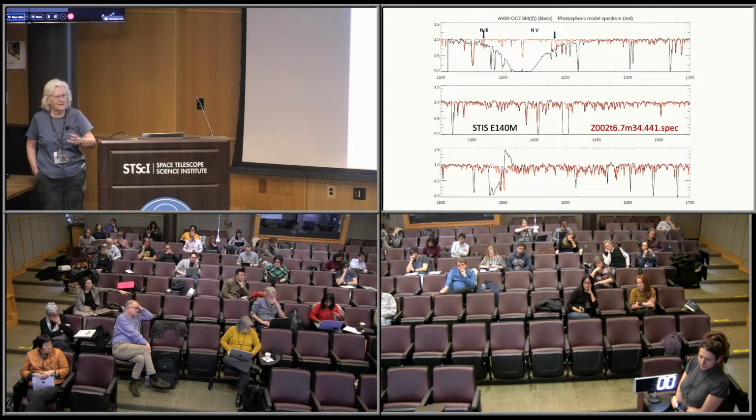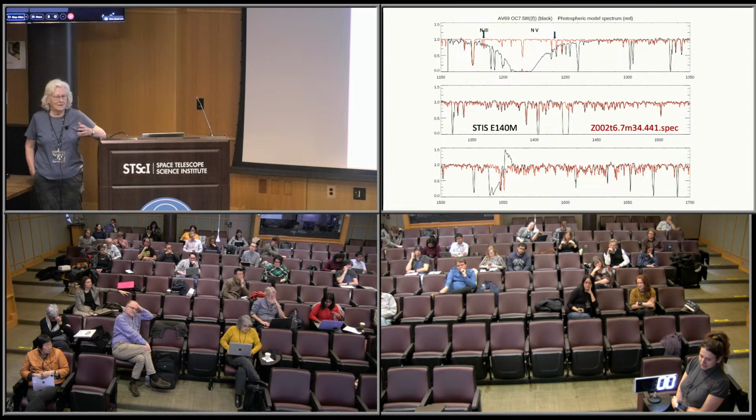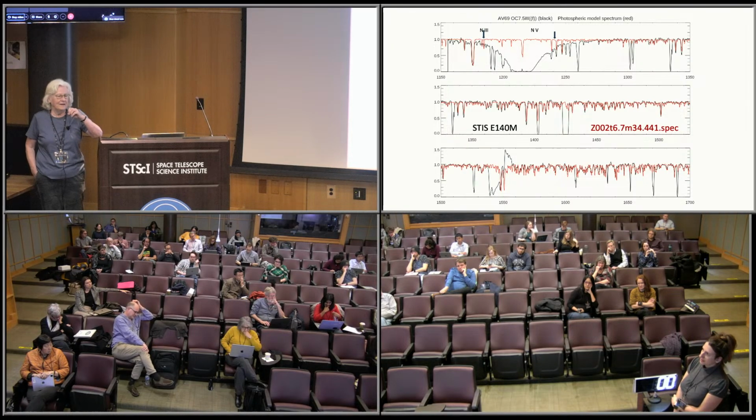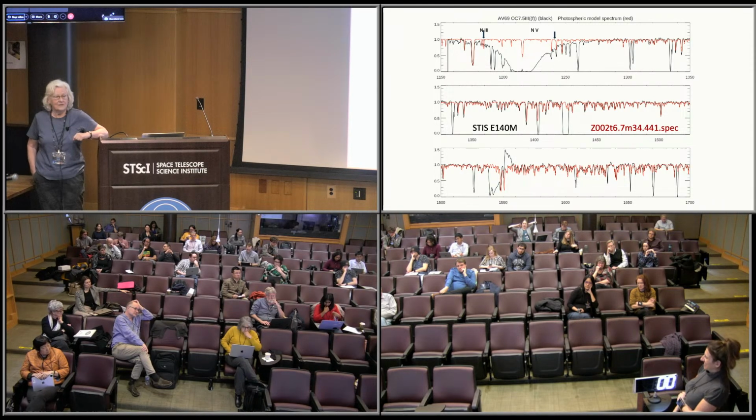For AB83, its apparent V sine I is something like 80 kilometers a second. And Hillier et al., including me and Linda Smith and Chris Evans, then figured out that AB83 is seen nearly pole on. Does that answer your question?